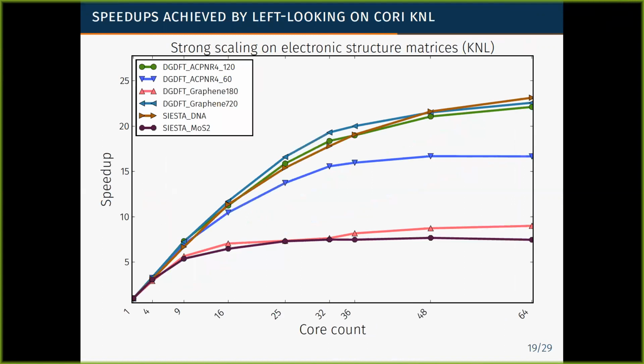Now on KNL, we observe a similar trend. We can scale up to 64 cores on some problems, achieving speed ups of more than 20. I have to point out that the two matrices here, DGDFT graphene 180 and CS time was 2, do not scale as well, and the reason is that the amount of work in these two problems is simply too low to keep all the cores busy.